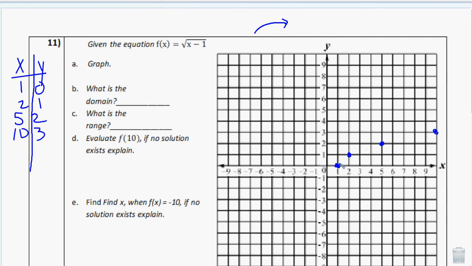And notice this curve definitely looks like what I did up here, right? I knew the picture in my head before I graphed it.